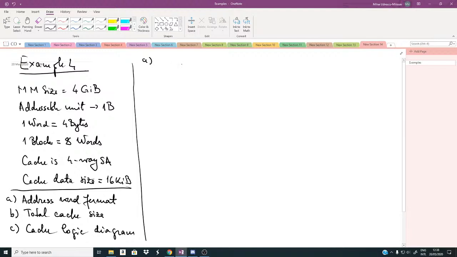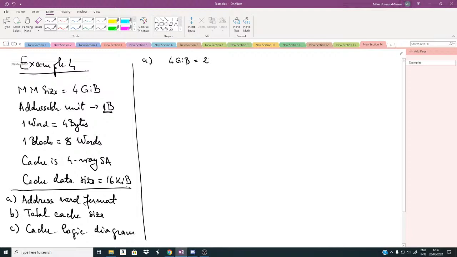Now, how many bits in the address? That's the first question, and it's a very simple question because we know that each byte has a distinct address, and we know how many bytes are in the main memory. So 4 gigabytes, again, the byte being the addressable unit.